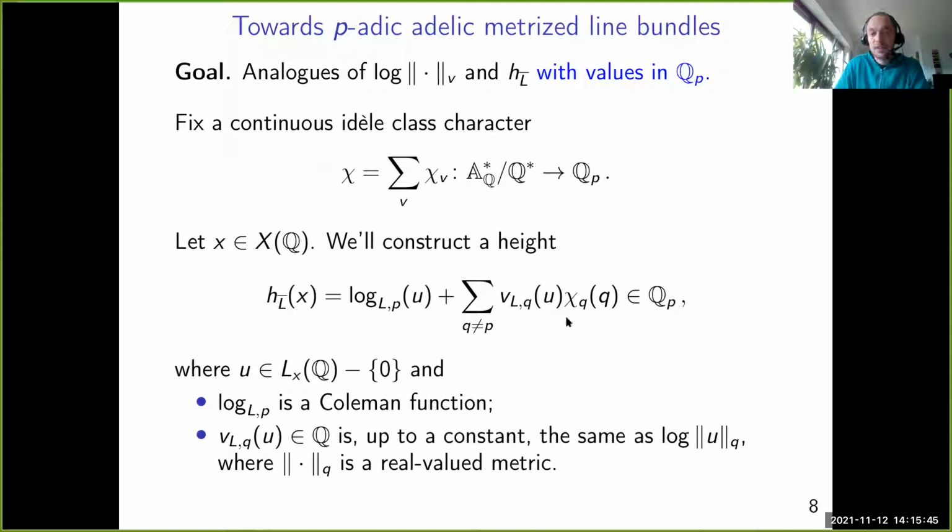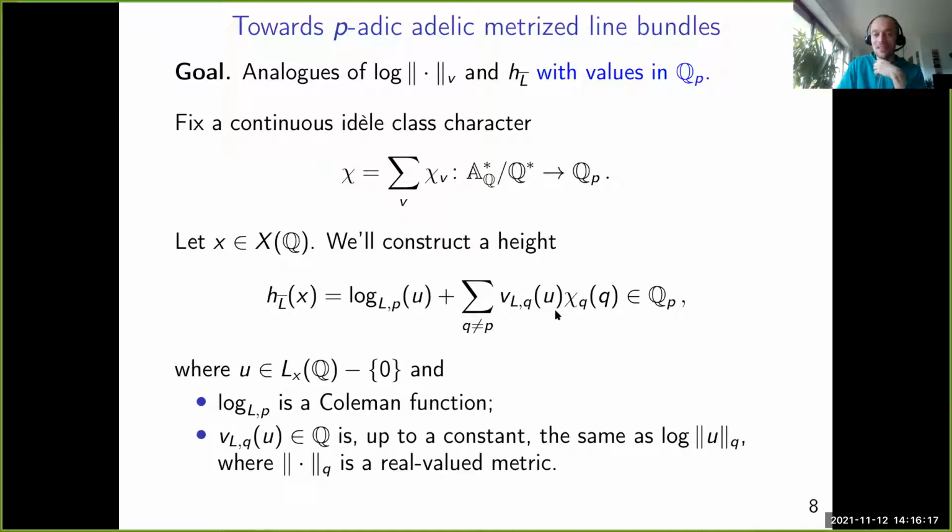And then there are the contributions away from p, and here away from p means at other primes q. So q runs through all prime numbers that aren't p, and for pretty obvious reasons, there's no Archimedean contribution here that we have to consider. Right, and so what are these v_L,q? Well, it turns out that for that we don't need any new theory. So v_L,q of u is going to be a rational number, which is good because rational numbers are p-adic numbers.